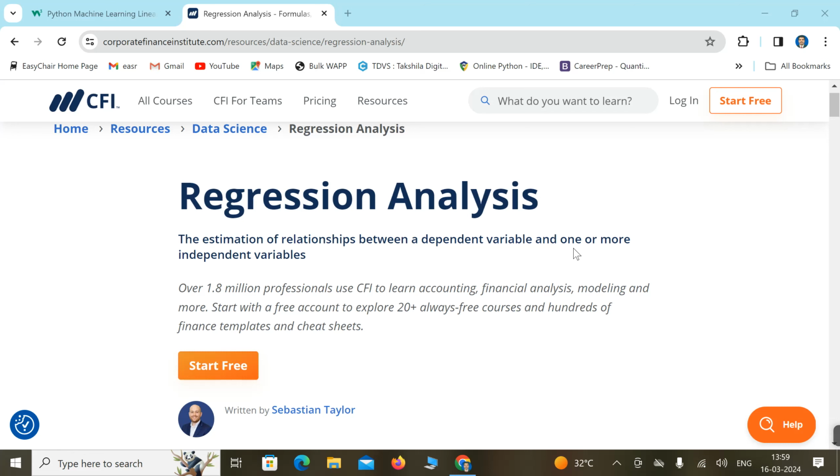Basically, when you take certain data from a data set and you are analyzing the data based on the data set, you can use these kinds of tools wherein the independent variable has some relationship with the dependent variable. Let me take a very simple example to prove my discussion.